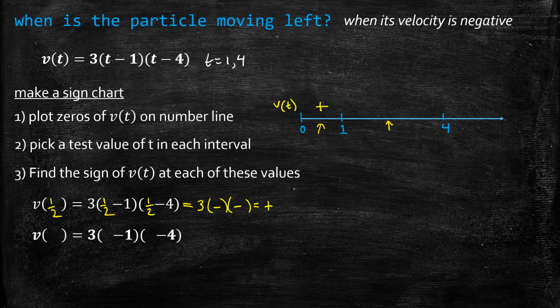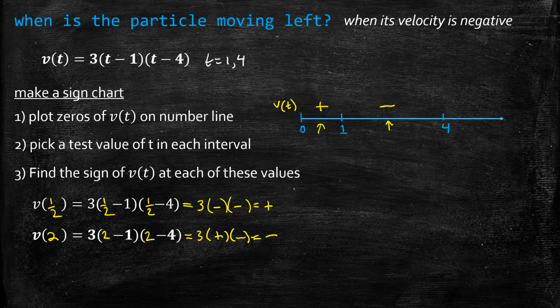So let's take a value in here. We could take 2. Any value will work, and it will be true for all values in that interval. Once again, the 3 sort of doesn't matter, but just in case you had factored out a negative 3 from the function, it's good to keep that coefficient there. So 2 minus 1 will be positive, 2 minus 4 will be negative, so the final answer will be negative.